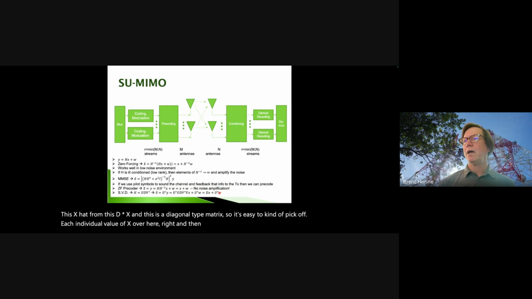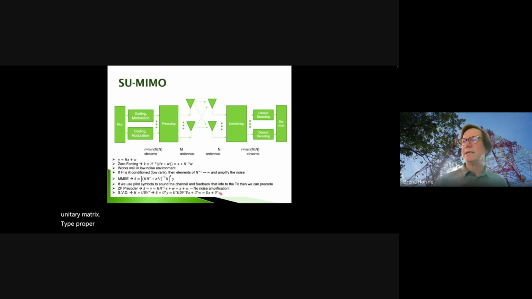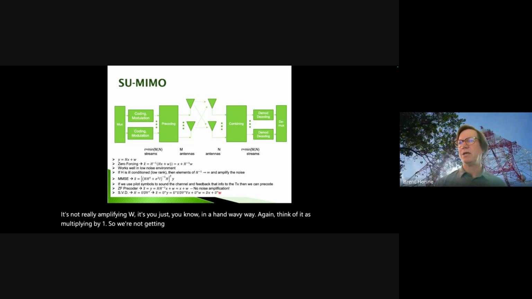And then this U star also, because it has this unitary matrix type property, it's not really amplifying W. In a hand wavy way, think of it as multiplying by 1. So we're not getting this noise amplification out here.